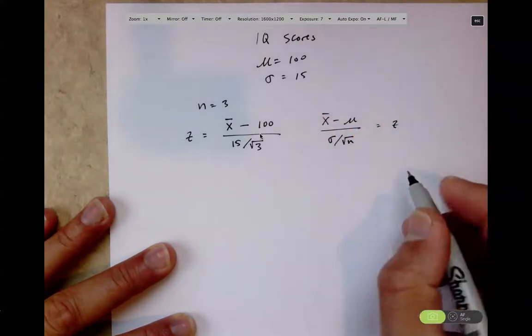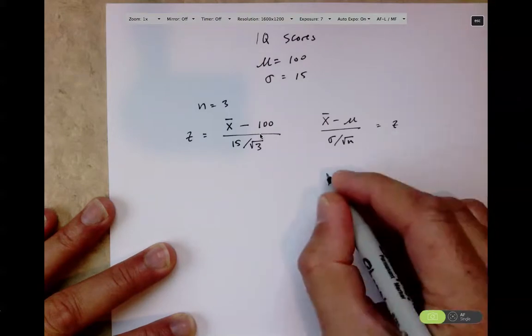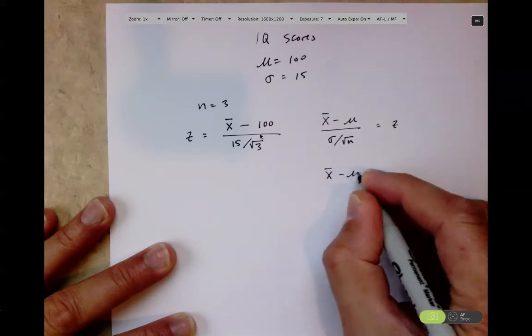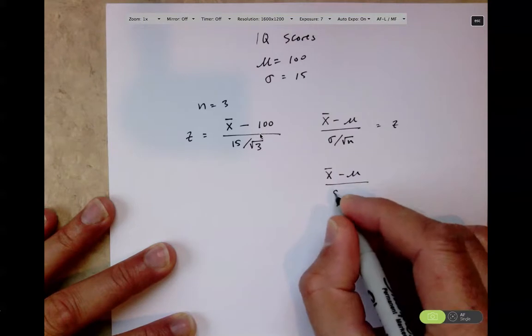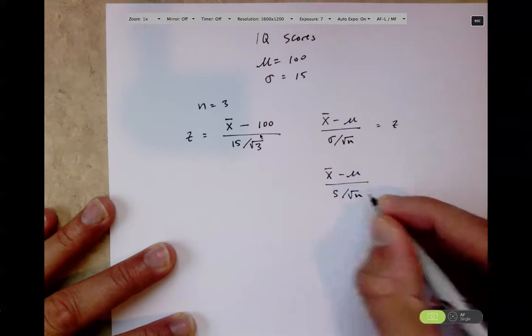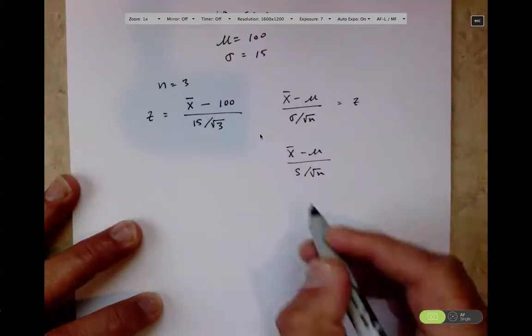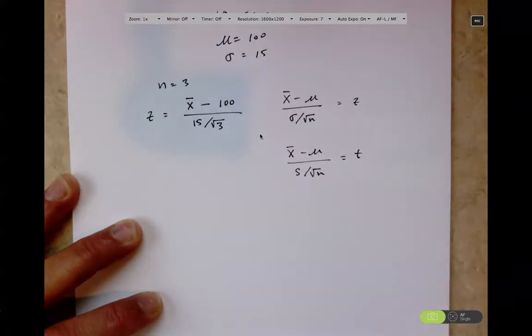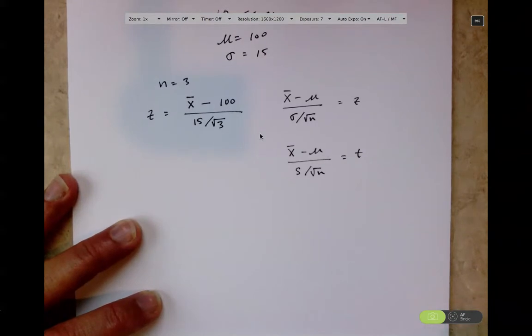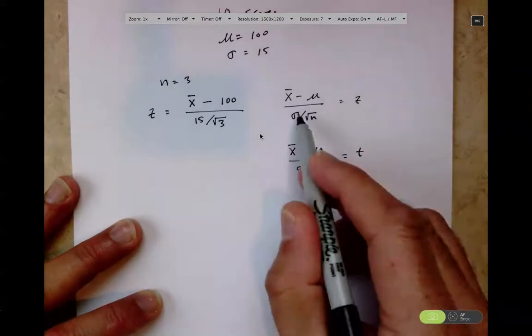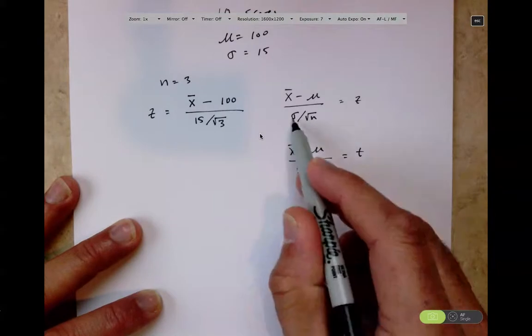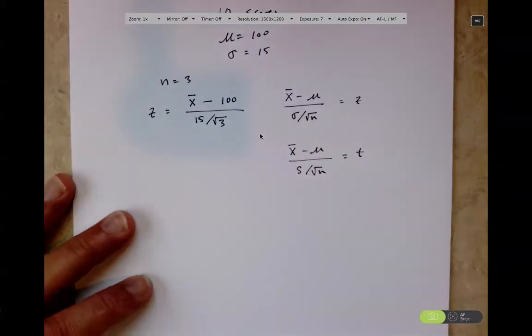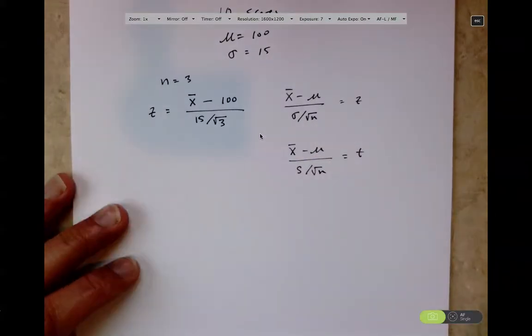What we're proposing is to still take x bar minus the mean, but now put s in here instead of sigma, because we don't know what sigma is. And when we do that, we're going to call this a t-score instead of a z-score. It just has a different name because we are putting in another estimate here where we should be putting in a known value. But the problem is we don't know what that value is.